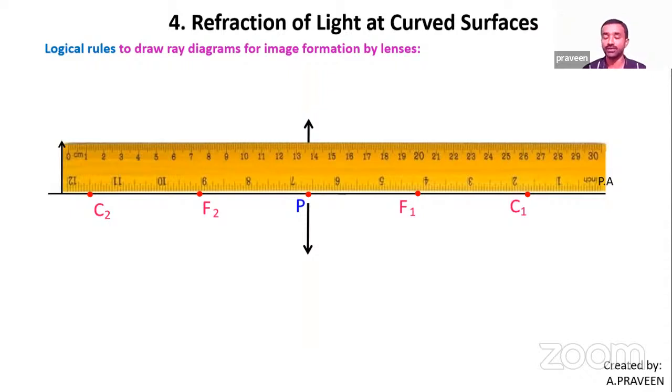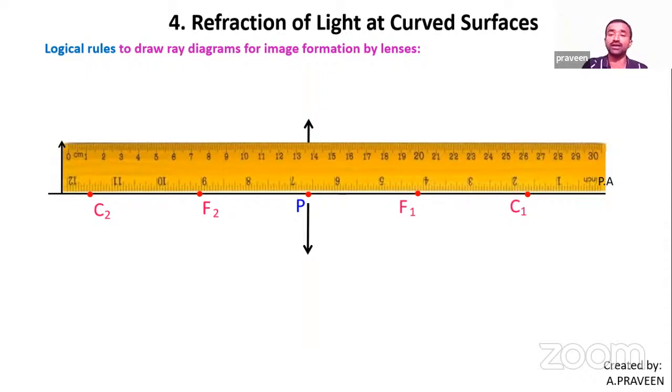So for any position, always take the object height above the principal axis equal to the width of the scale. Put the scale as you see on the screen, then draw the object at any position.